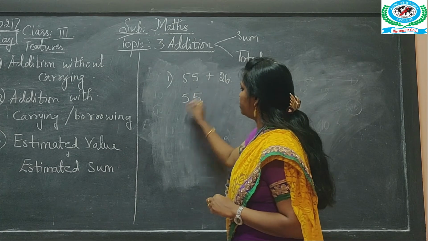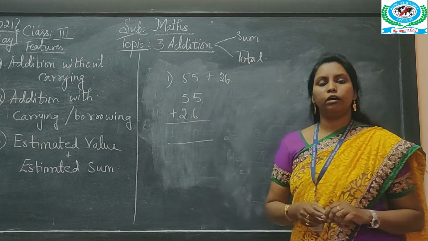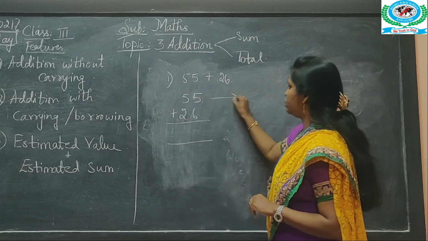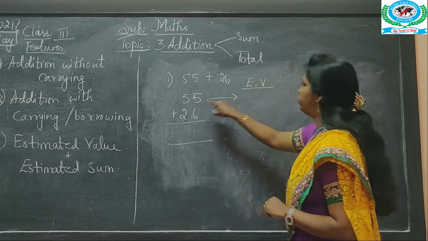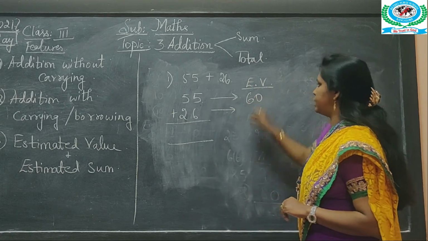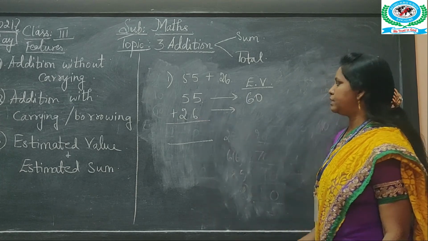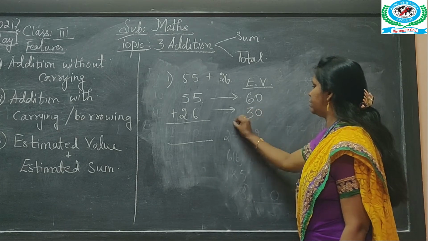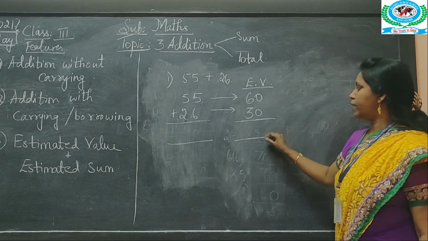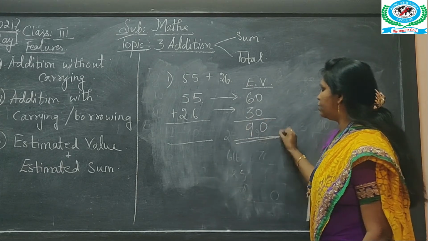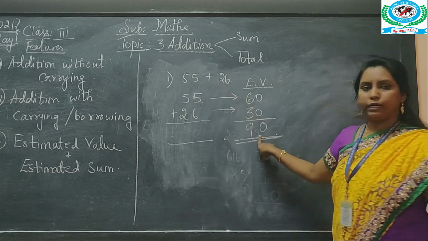You write it in a place value chart. The estimated value of 55 is 60, the next highest number, and 26 is 30 because 6 is greater than 5. Now we add 60 and 30, so the estimated sum of these numbers is 90.